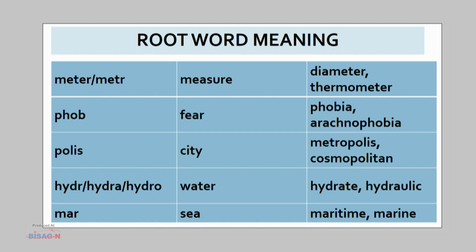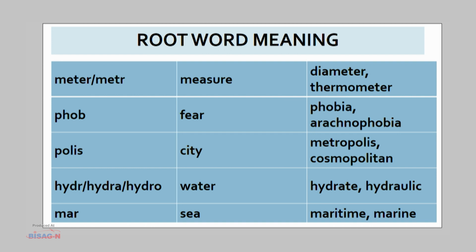That means it is related with measurement. Can you tell me why we are using a thermometer? Meter, it's measurement of the temperature. I'm giving you these simple examples so that you can understand how, by using simple examples, we can go for more complex meanings. So root word understanding will help you. Whenever you come across such words, you will be able to understand the meaning from their context.